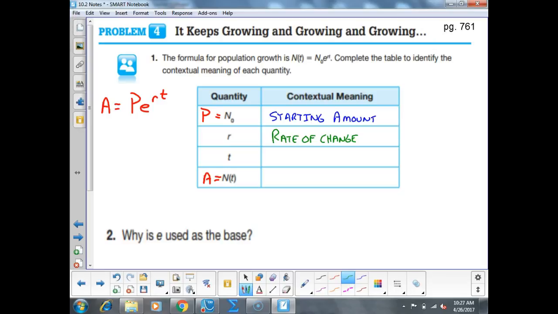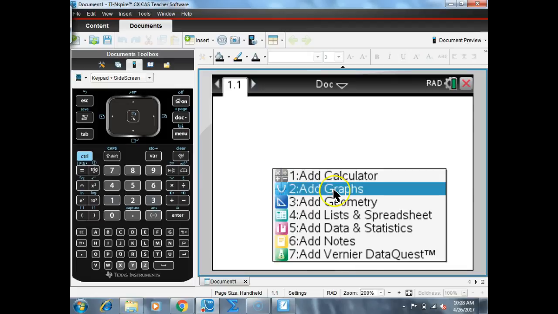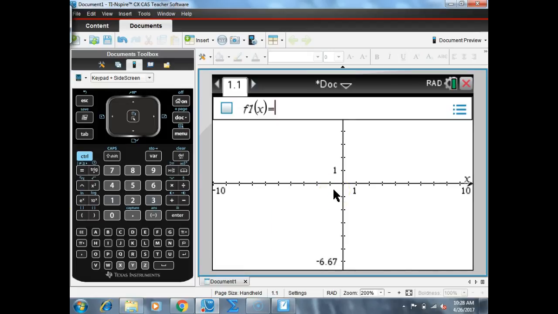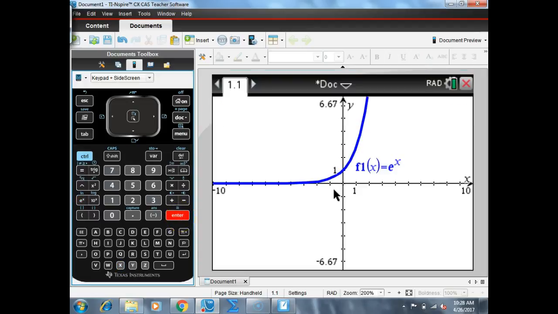The nice thing is, if R is positive, your function is going to grow. Because if you think about it this way, let's make a graph here. E to the x power, that's a growth. Think about it in terms of our a times b to the x.